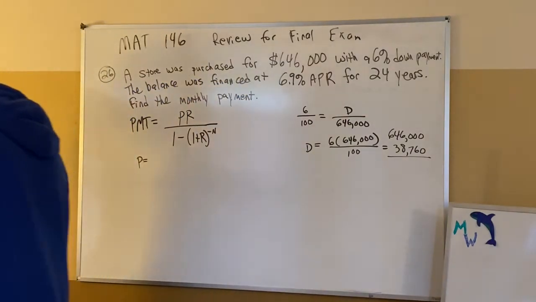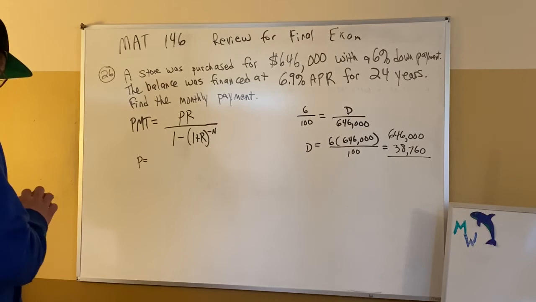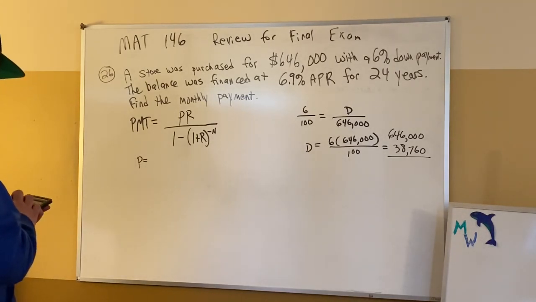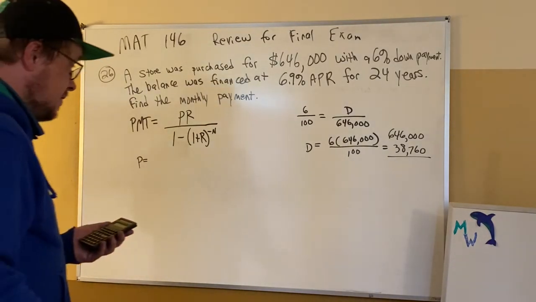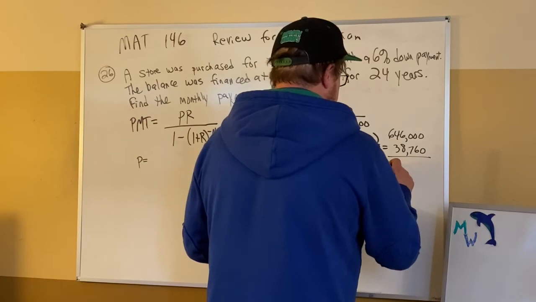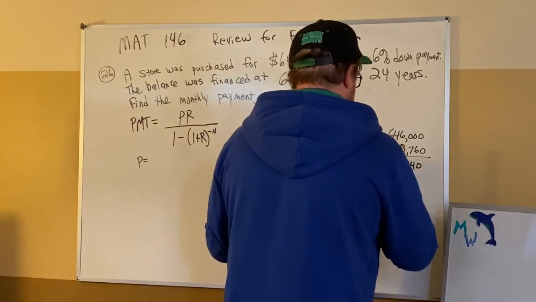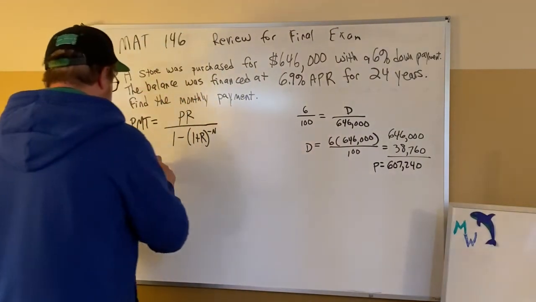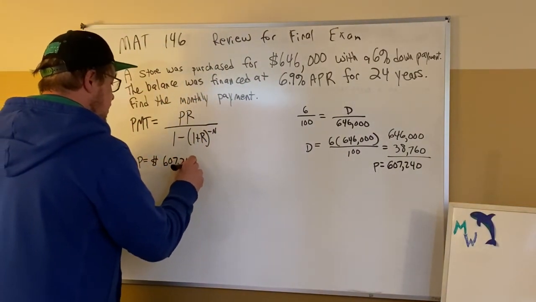So we subtract that amount from $646,000. So we've got $607,240. That's the amount of principal for the loan, $607,240.